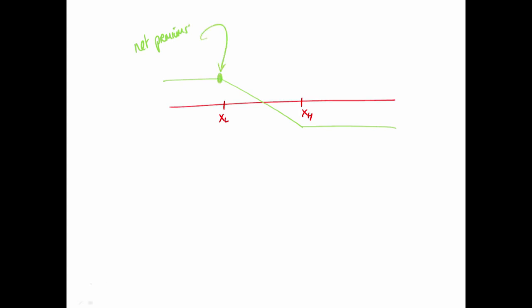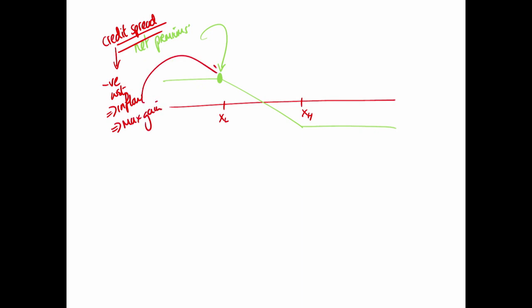The net premiums for a credit spread are a negative cost, which is an inflow, and that inflow is as good as it gets. That's your maximum gain. So you can use exactly the type of analysis that we've been using to get that point in the map, the top of the ramp. Credit spread, top of the ramp.